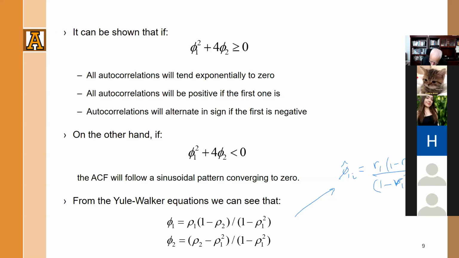Okay, and phi2 will be the same thing. So we can use these equations, the Yule-Walker equations, to get initial values for the parameters.